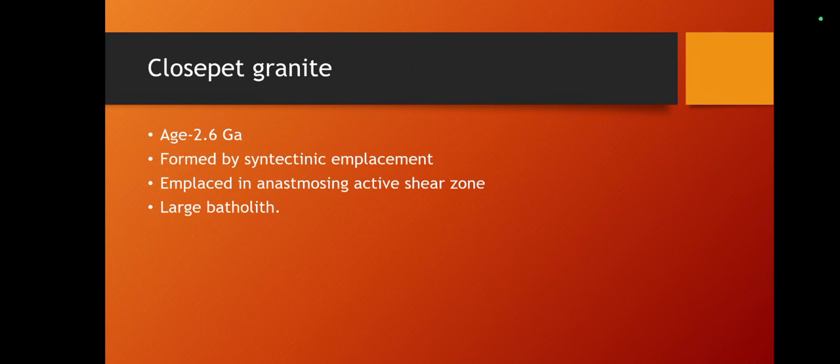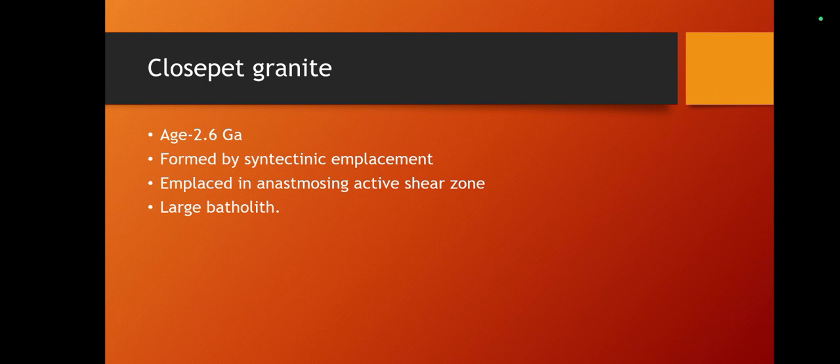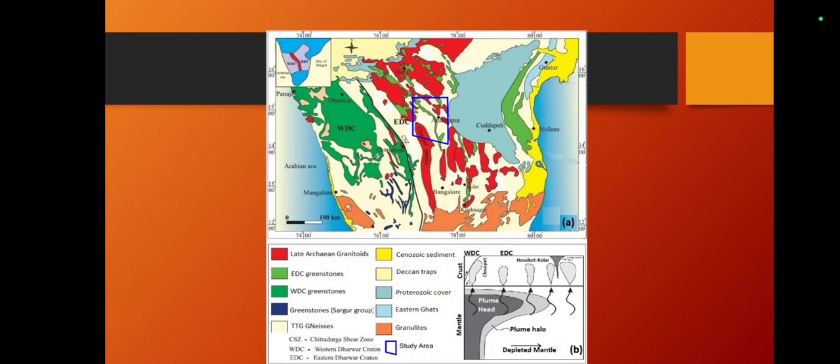As I have told in my earlier video about how a shield evolves, first the nucleus is formed, then accretion happens, and finally the stabilization. The stabilization of this whole Dharwar craton is indicated by the emplacement of the Closepet granite. And this heterogeneity, the different accretion methods, you can easily see the accretions in the Dharwar craton, and the nucleus is also first found in Hosur.